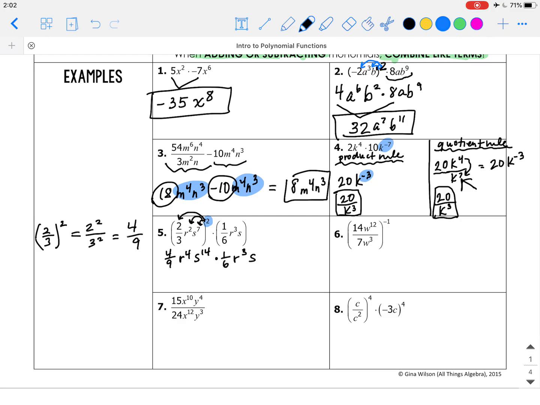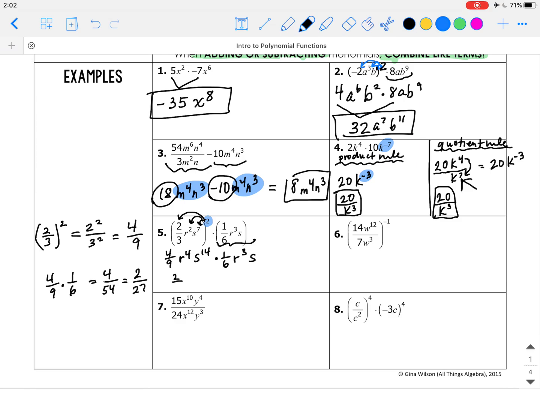Okay, so all I did was just bring this down, and we distributed the exponent to that first chunk right here, right? So now I'm going to treat the numbers like normal. So I have 4 9ths times 1/6. This gives me 4 over 54. And this actually simplifies to be 2 over 27.